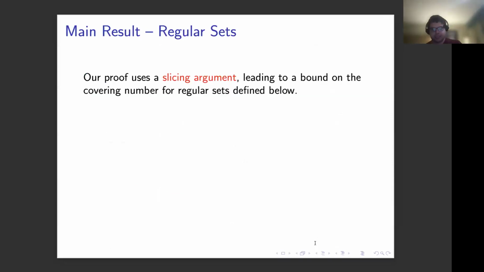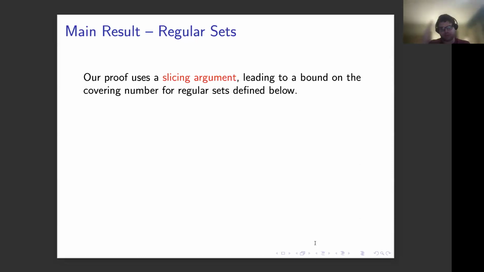So I want to give an idea for the proof, and it's actually a very intuitive approach. We have roughly an induction argument on the intrinsic dimension through a slicing argument.